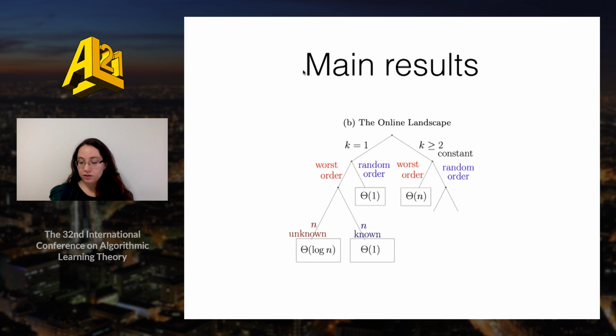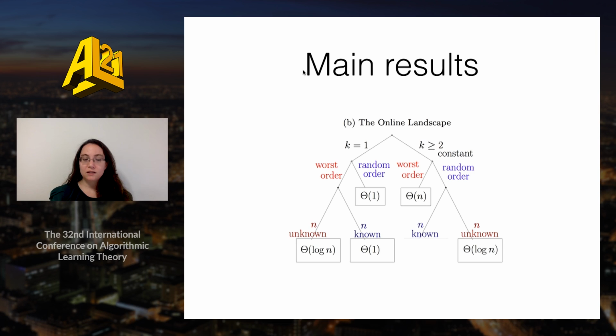And what about the random order case? So again, we separate the analysis depending on whether we know what n is or not. If we don't know what n is, the answer is theta log n. There is an algorithm that takes log n centers, and there is a dataset where you have to take log n points as centers, and for every dataset, log n points is enough.